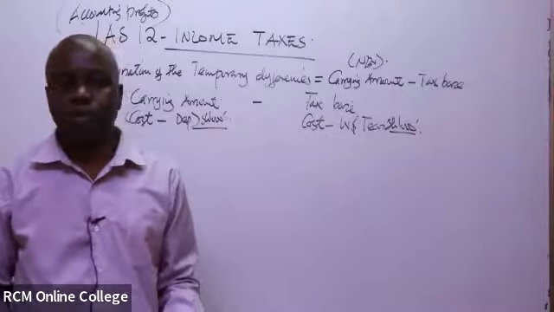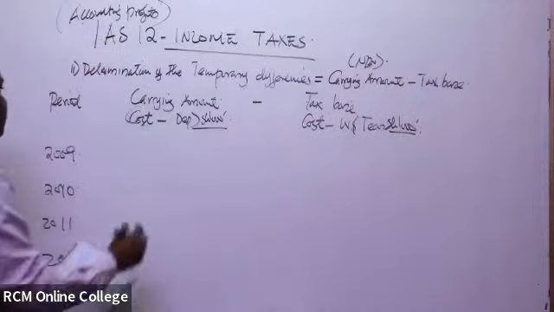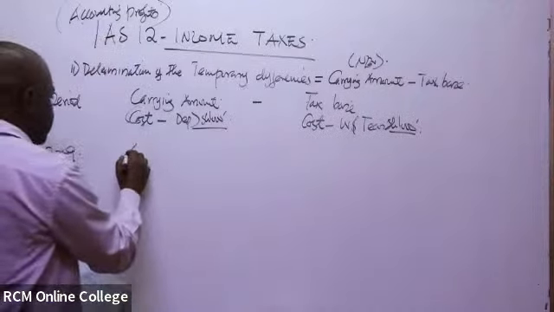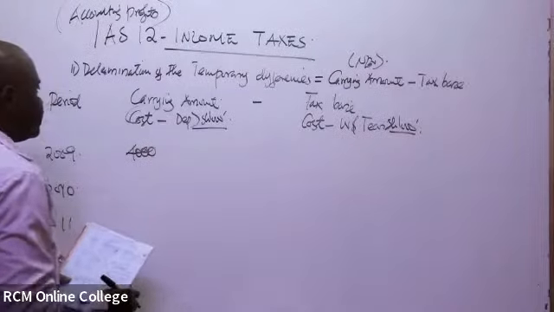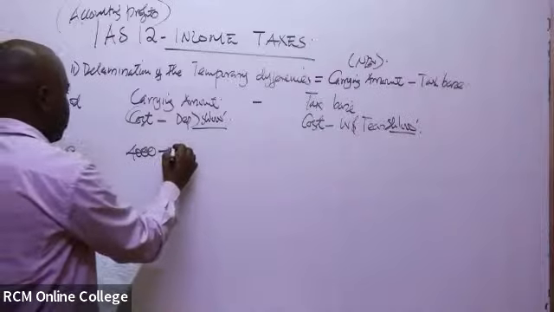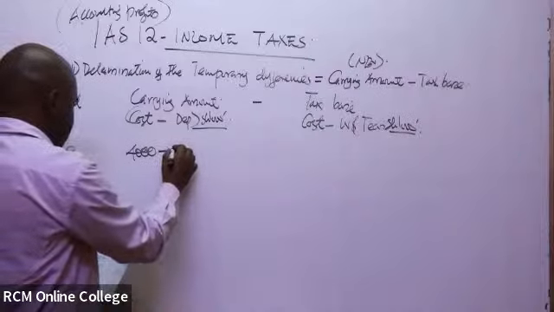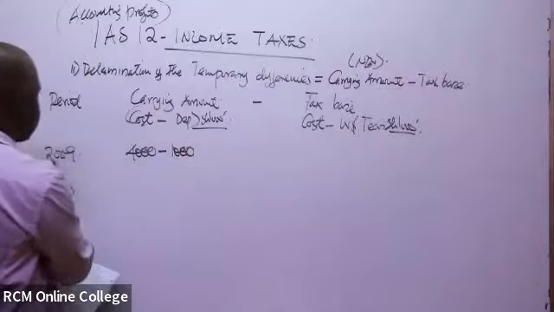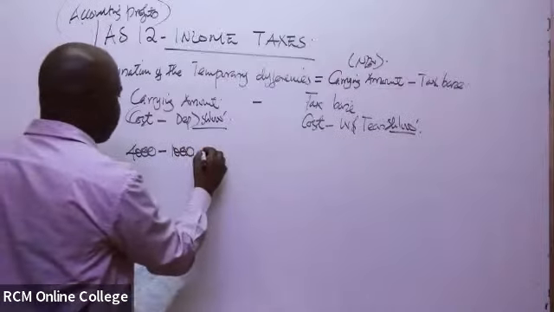It simply means that for the first year, 2009, the cost was 4 million. But in that year we incurred a depreciation of 1 million. It means that by the end of the year 2009, our net book value was 3 million.